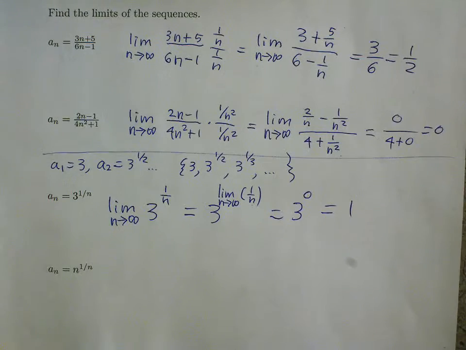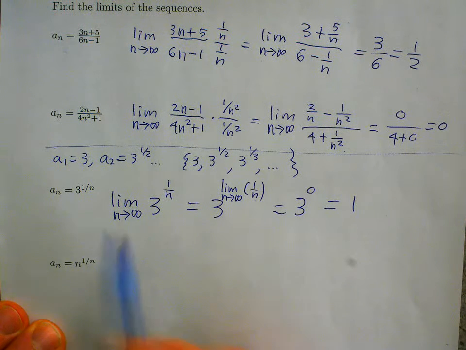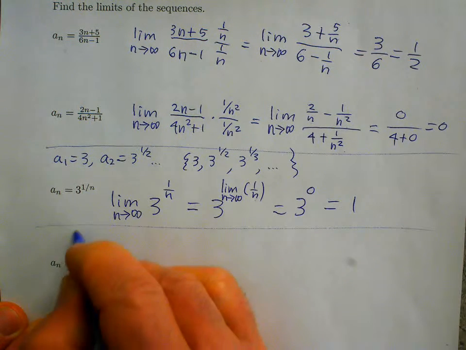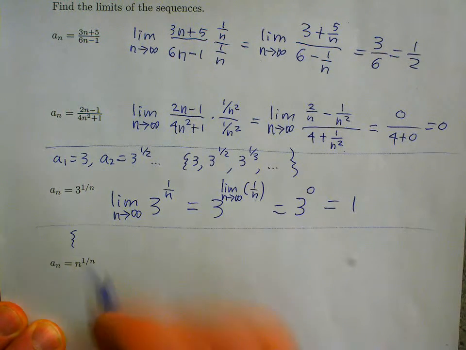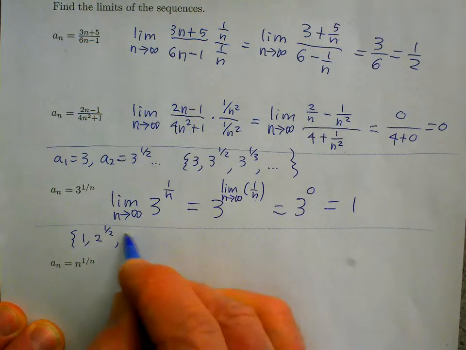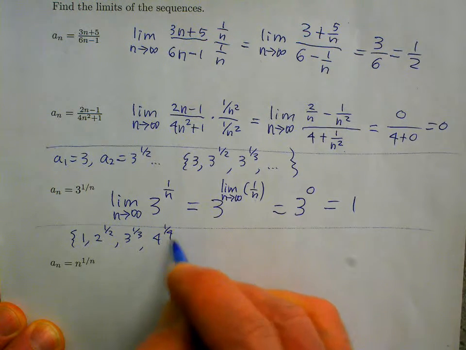The next example, the nth term is n to the 1 over n. So the first few terms in this sequence, 1 to the 1 over 1 is just 1, 2 to the 1/2, 3 to the 1/3, 4 to the 1/4, and so on.